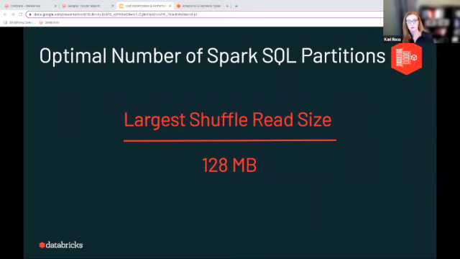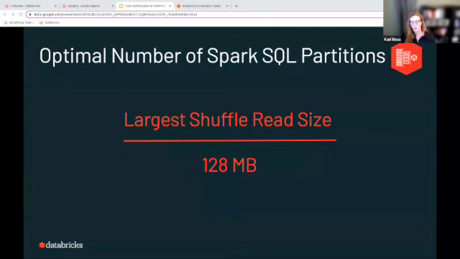But if you need to know how large your partitions should be, the answer is somewhere between the largest shuffle read over 128, 1 gig. If your shuffle partitions are too small, you may be unnecessarily adding more tasks to the stage. But if your shuffle partitions are too big, you get a bottleneck with the network.